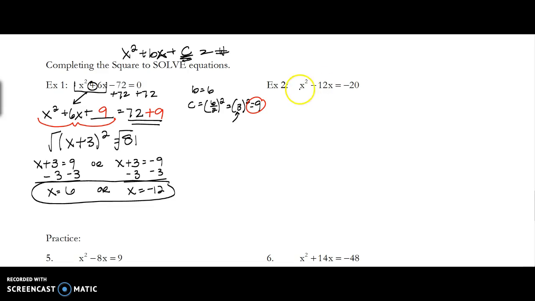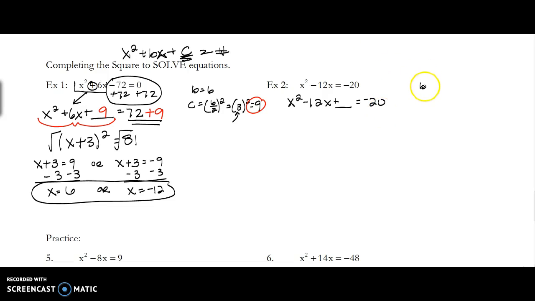So in example 2, we have this x squared minus 12x equals negative 20. So this first step that we had to do over here is now already completed. So I'm going to rewrite this and leave a little bit of space because I'm looking for that C value to complete my square.